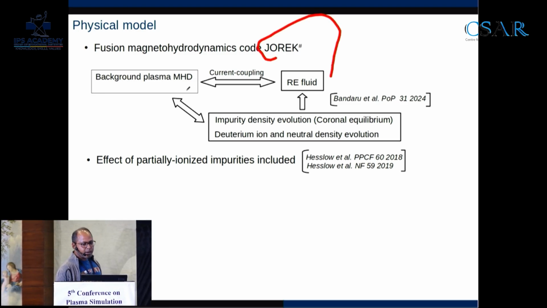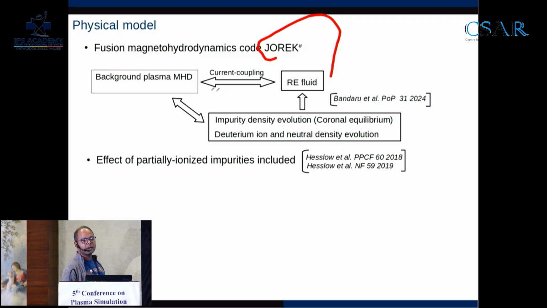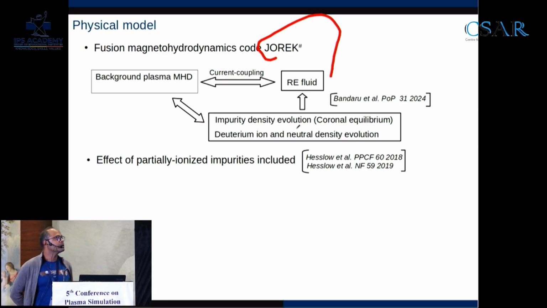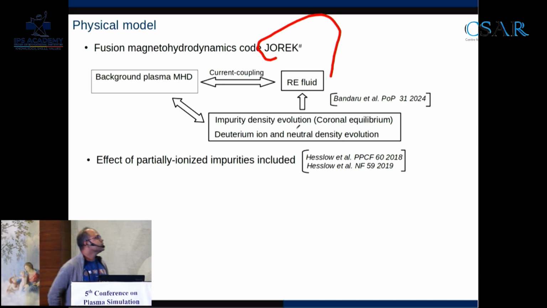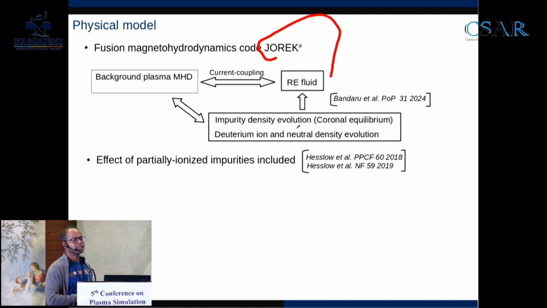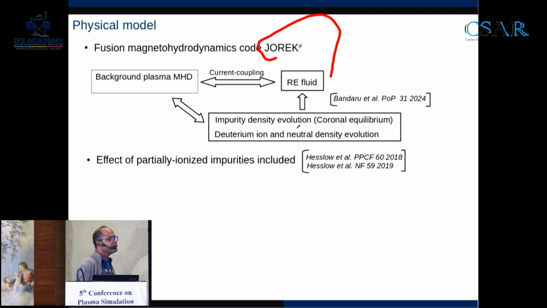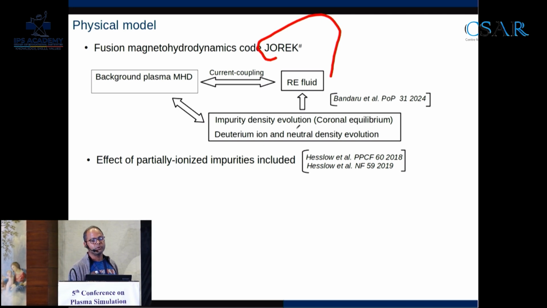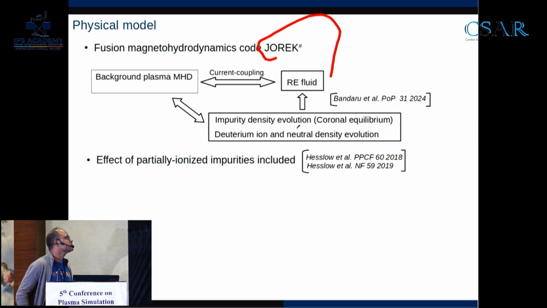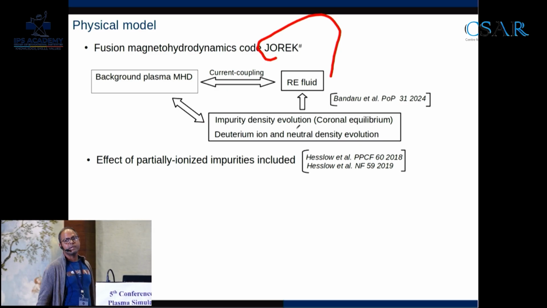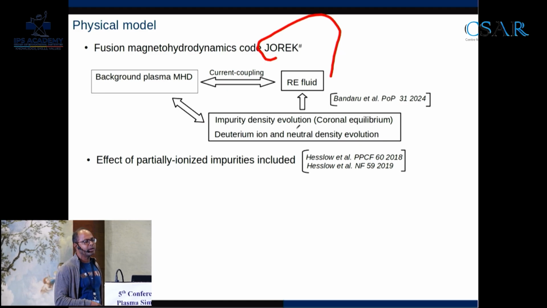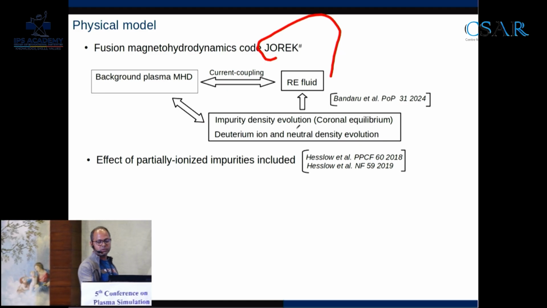Apart from that, impurity species are extremely important when it comes to relativistic electrons, because they affect how fast these electrons can grow due to avalanching. So those impurity species, deuterium ions, neutrals, etc., are also evolved and coupled to the other equations. Partially ionized impurities especially are important for runaway avalanche, the effects of which are also included.